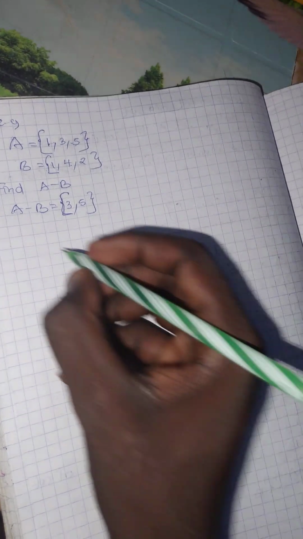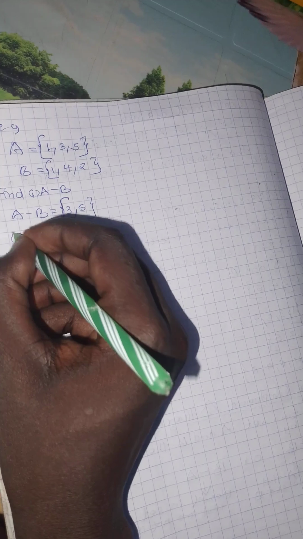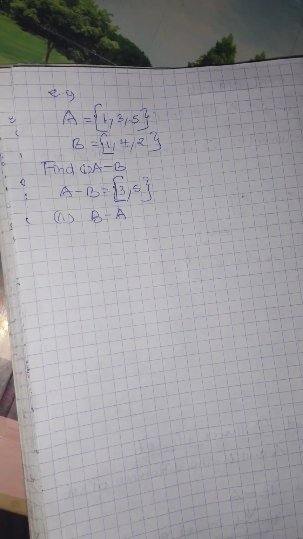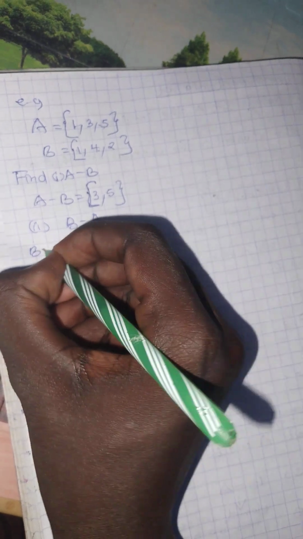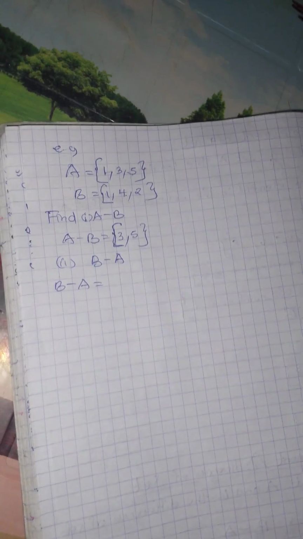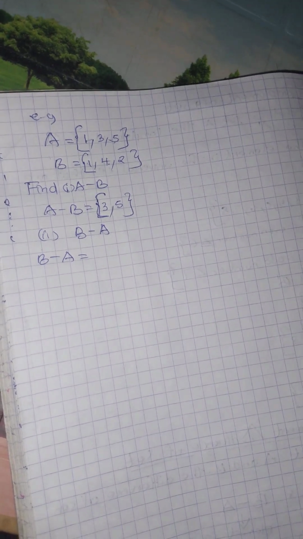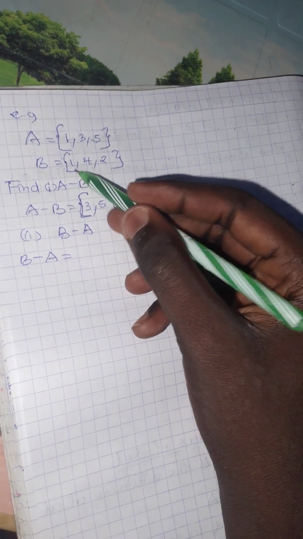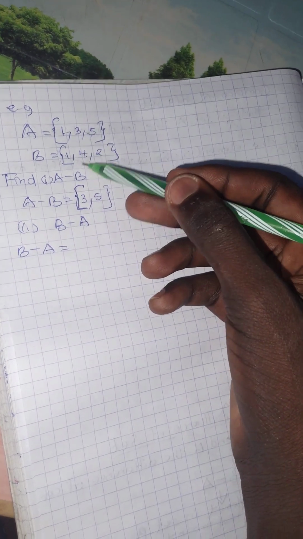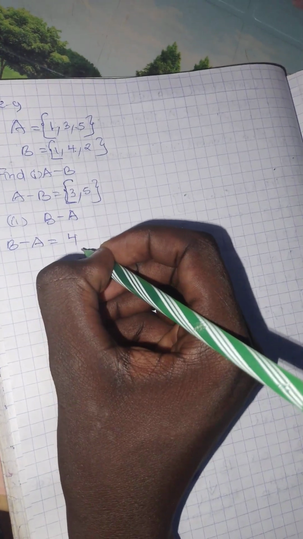Then we need to find again, this was Roman 1, Roman 2, B minus A. B minus A, what does it mean? It means elements in B that are not in A. When it is in B, it's also in A. For it is in B, but it's not in A. So we'll write 4 and true.